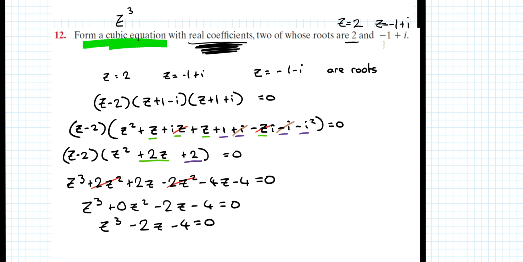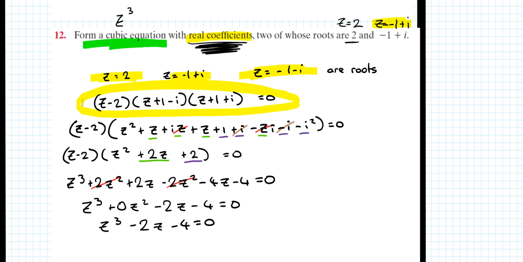Okay, well, hold on a minute. The real coefficients means that not only is this going to be a root, but its conjugate is also going to be a root. So I know the three roots. z is equal to 2, z is equal to minus 1 plus i, z is equal to minus 1 minus i. If I know the three roots, I can find the three factors.